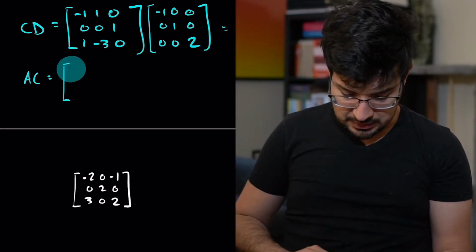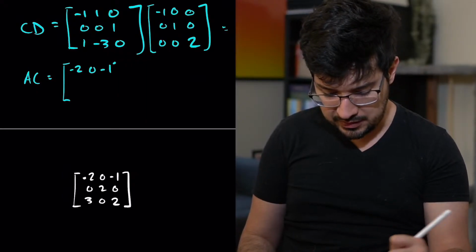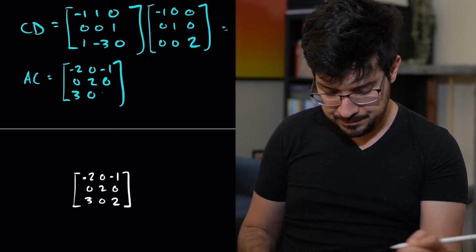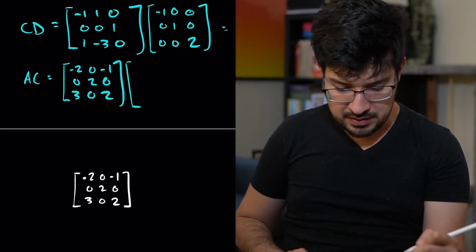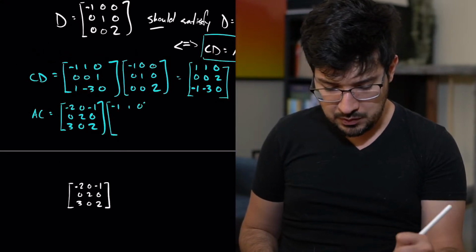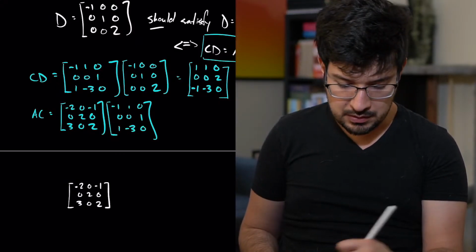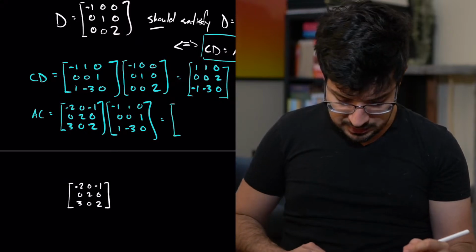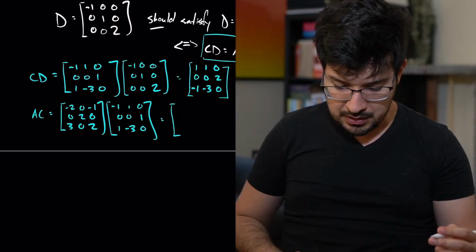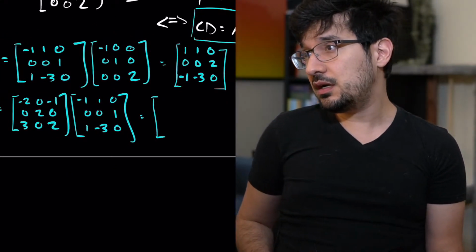Okay, let's get -2, 0, -1, 0, 2, 0, 3, 0, 2 times matrix C, which I've already written right nearby: -1, 1, 0, 0, 0, 1, 1, -3, 0. If I multiply these matrices, I don't have a convenient diagonal matrix, but it's not too hard. We can do it.